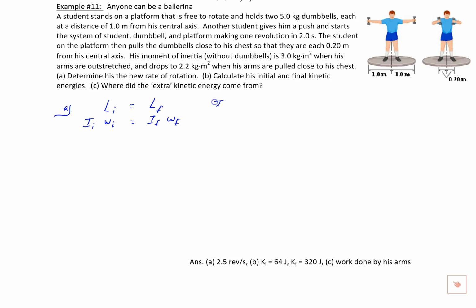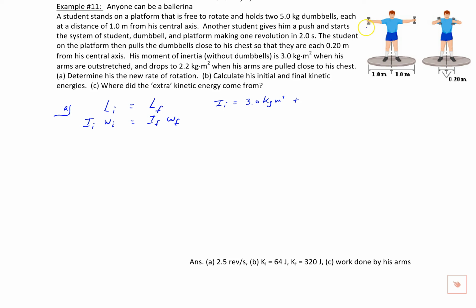So for the rotational inertia I, we're told that the student, with his arms outstretched, has a rotational inertia of 3 kilograms times meters squared, but he also has the two dumbbells. So how do we include that in the problem? I assume that this number includes his whole body, his arms and his legs and everything.